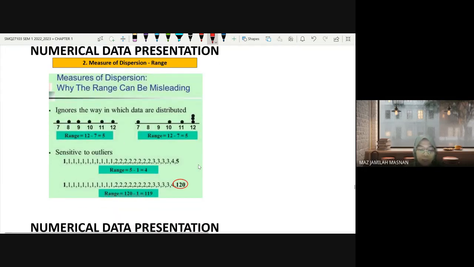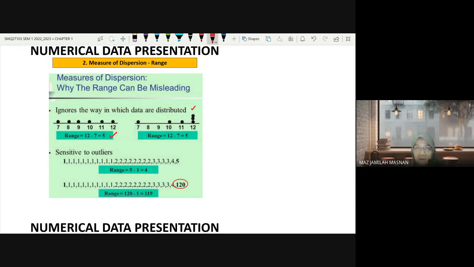In the first example, each value appears only once: 7, 8, 9, 10, 11, 12. In the other data we still have minimum value 7 and maximum 12, but look at the way the dots plot looks.